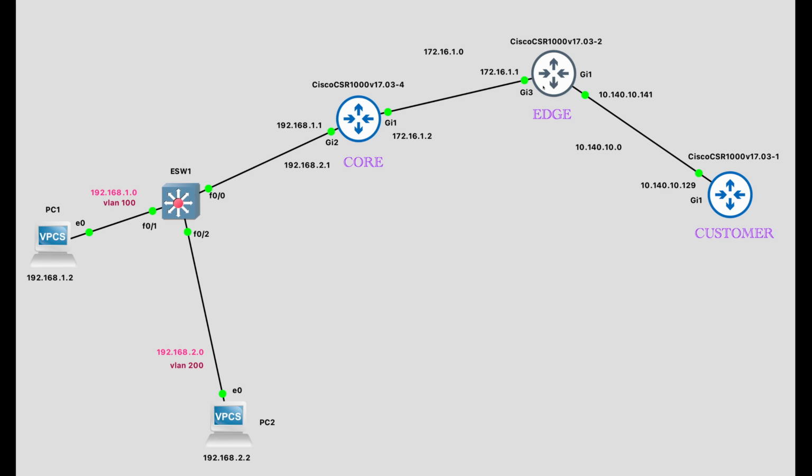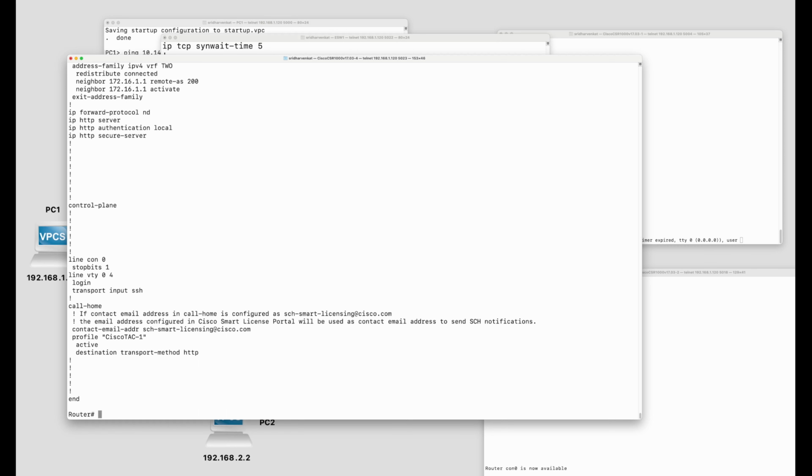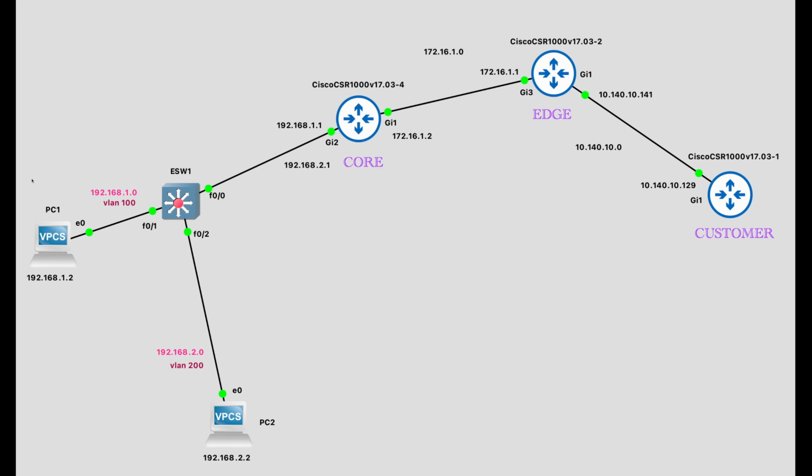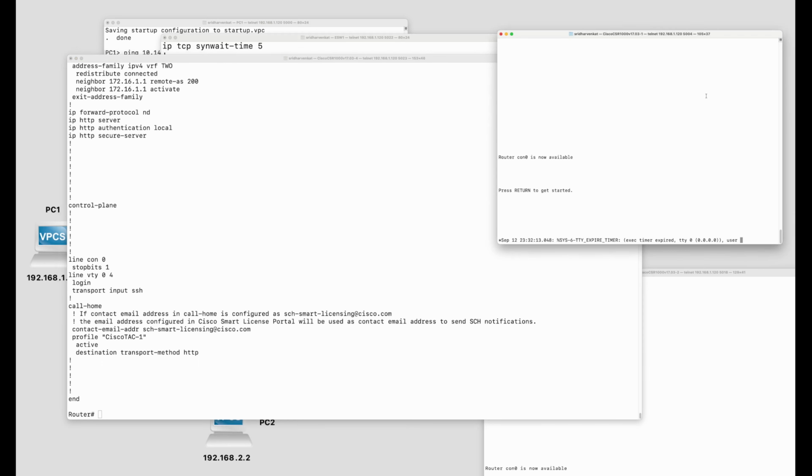So now let us take a look at the edge router, and that should be 32. Here it is.